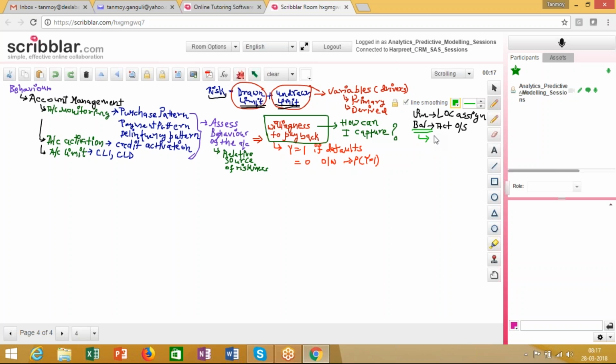Right? So there is this balance which is outstanding, or as I can say, this is your drawn limit. Suppose out of the limit which has been assigned to me as 20,000, what I have done is I have used 12,000 of my limit. So my balance outstanding is 12,000.